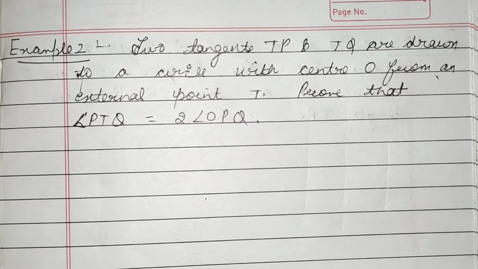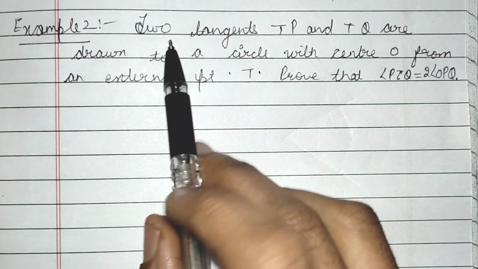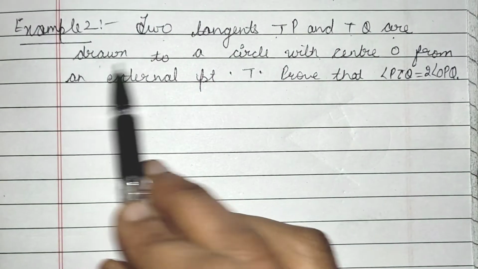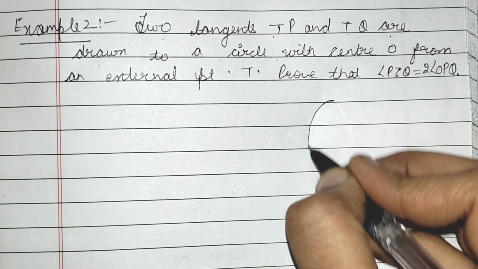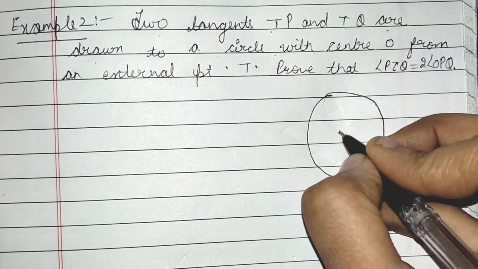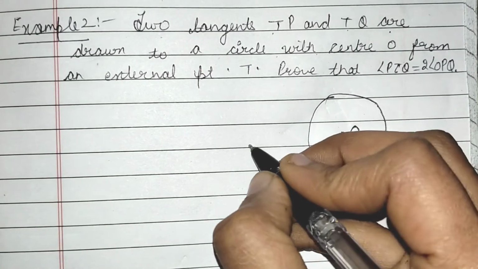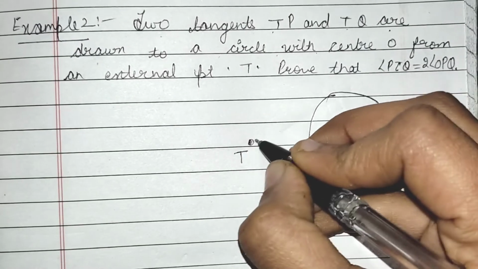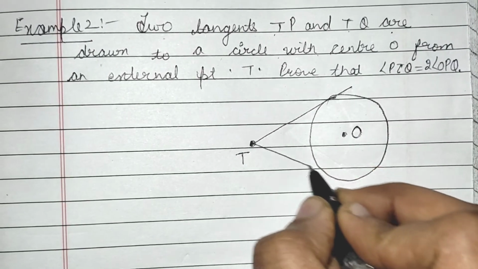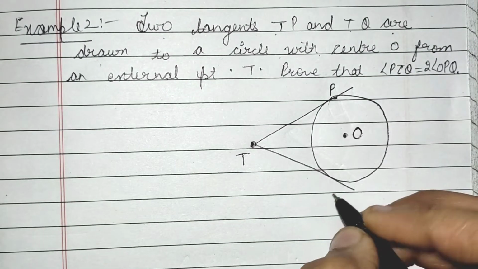so moving to example number 2. So two tangents TP and TQ are drawn to a circle with the center O. So center is O and there is any external point T. So two tangents are drawn from this external point.